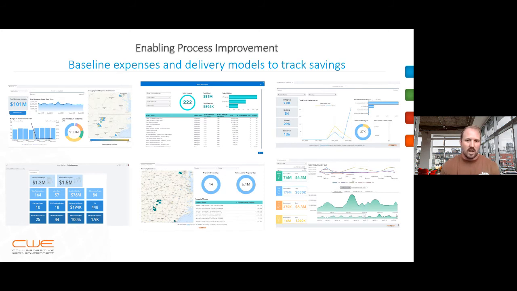So with a lot of this data coming together, you can now begin to baseline expenses, delivery models, and who's performing those services. And as you identify changes in your organization that you want to make, you now have the mechanism or the tool to track those savings down to a GL or an AP account, or down to a specific vendor, or down to a specific service line.